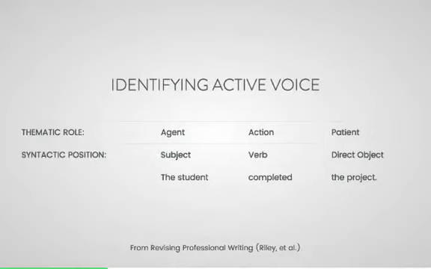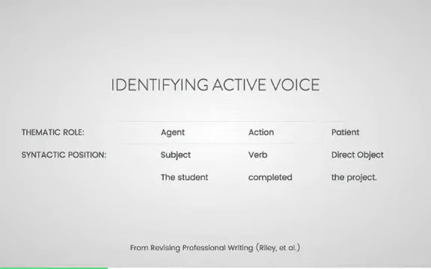So the first is through a thematic lens, where we're looking at what the actual components of the sentence are doing. And so we can look at them in three roles: agent, action, and patient. So agent is the thing that is doing the action, and the patient is the thing that is receiving the action.